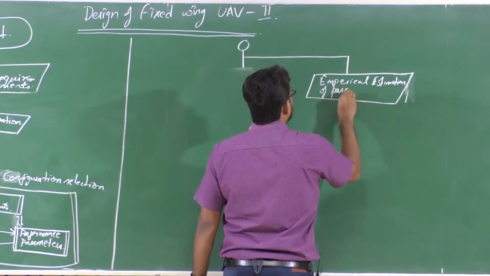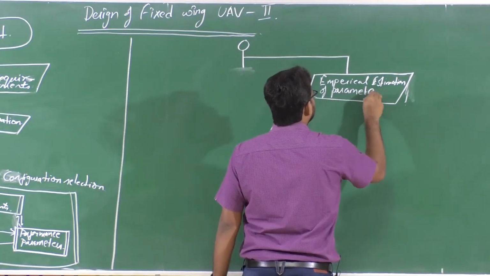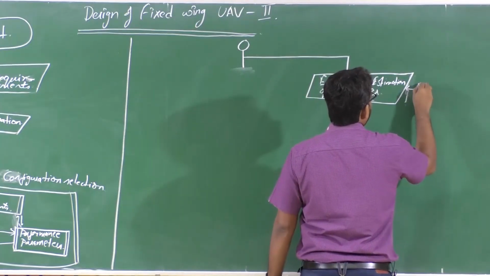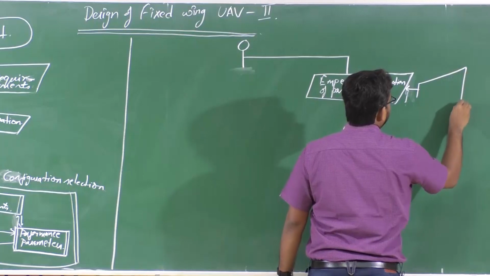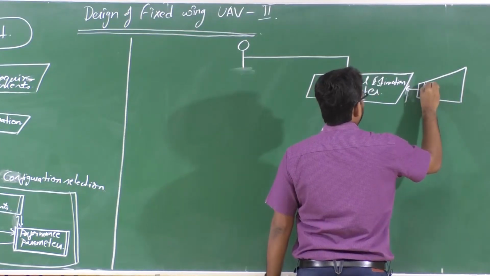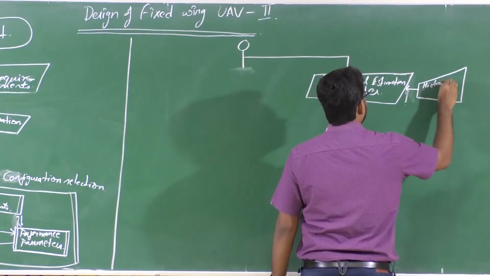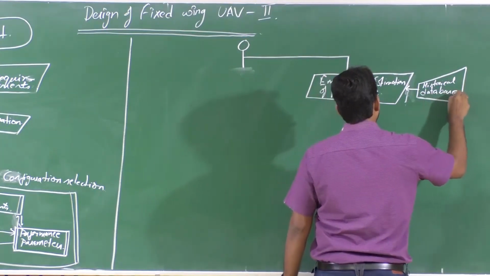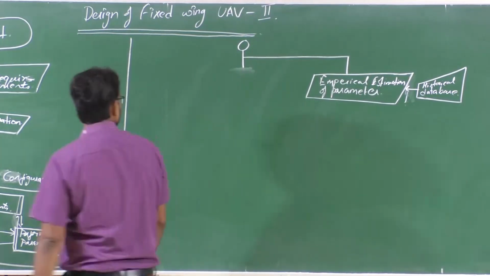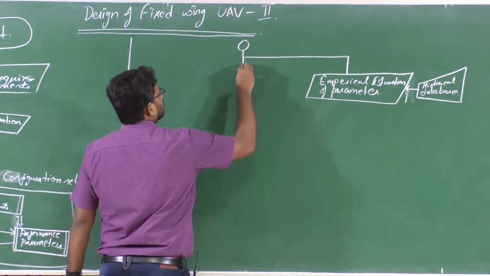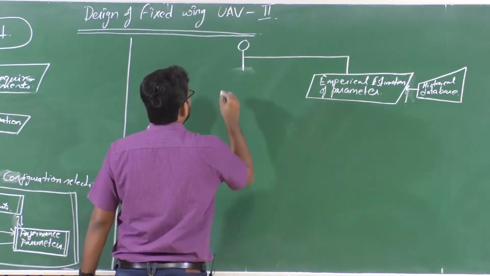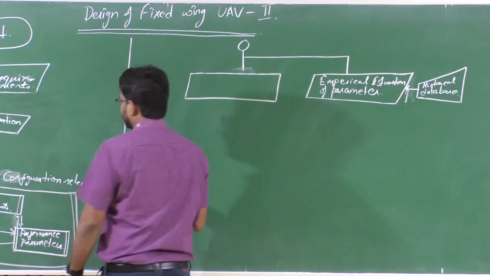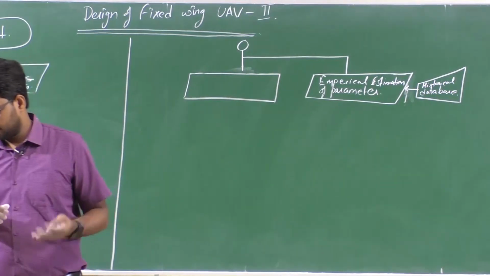So for this, what I require is a historical database as an input, right? So I have a historical database. So this geometry selection will enable me to perform certain stability and performance analysis.